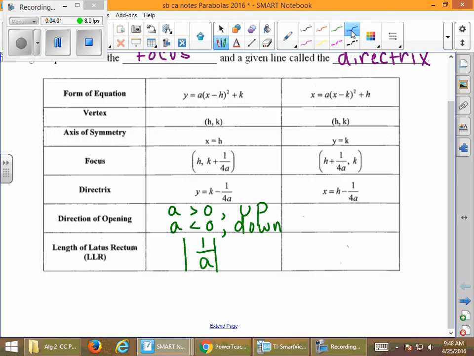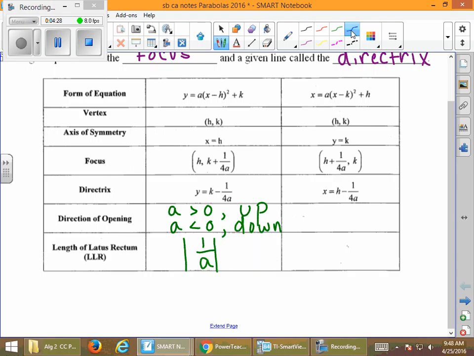If you compare the vertex, we have the same values, (h, k). The axis of symmetry now is y equals k, which means that it's going to be a horizontal line instead of our earlier x equals h, which would be a vertical line. Then we have the formula for the focus and the directrix, which I think will be better used when we see an example with this one.